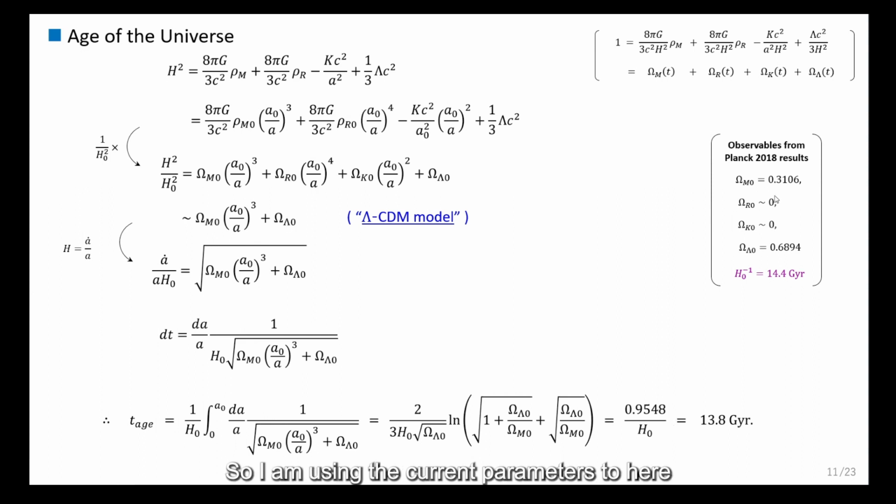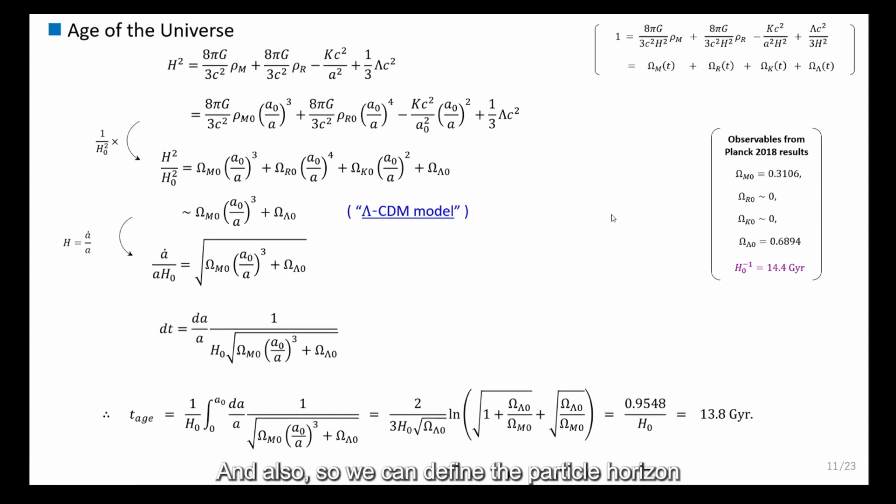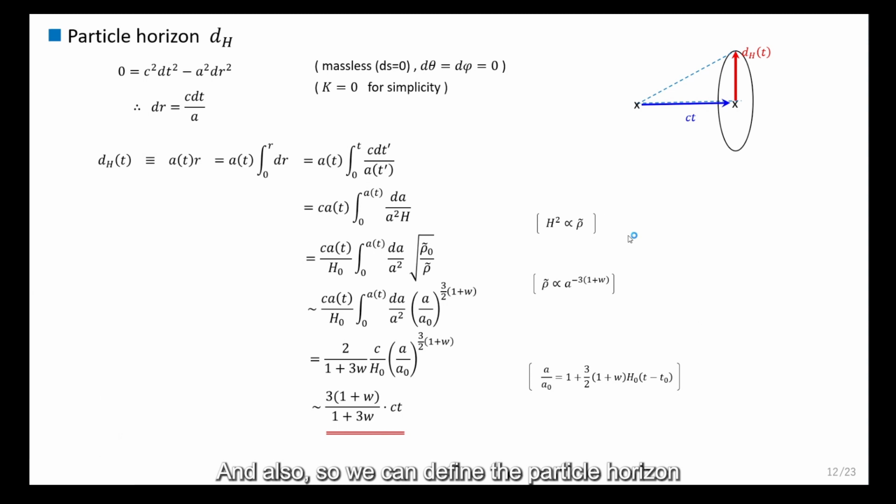So I am using the current parameters here, with the matter component around 30%, and the vacuum energy value given by 69% here. Then finally, you can get the age of the universe as around 14 giga years.